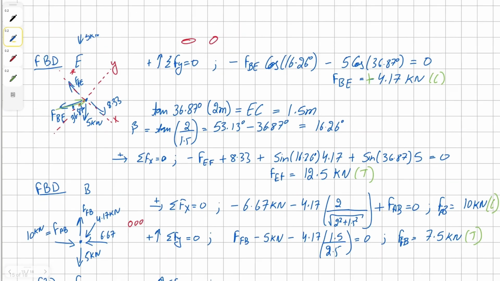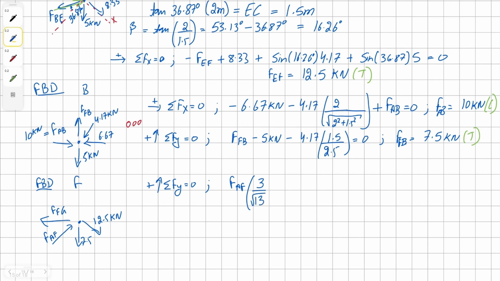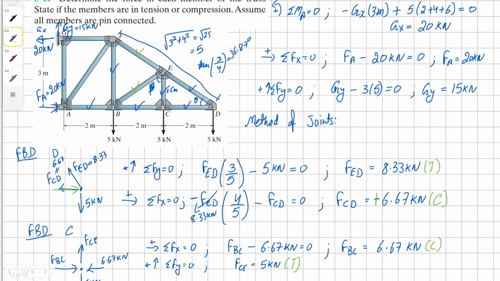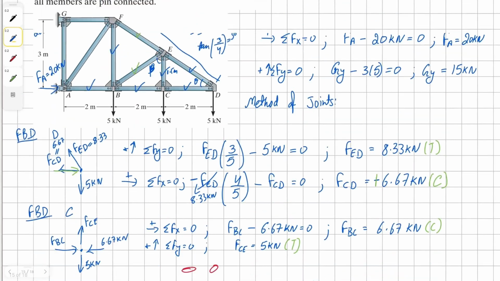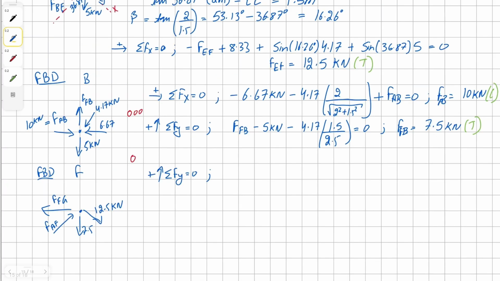First of all, we need the vertical component of force EF, which is simply going to be 3 over root 13, negative 7.5 plus the vertical component of member EF, negative force FE times three over root 13, all equals to 0.